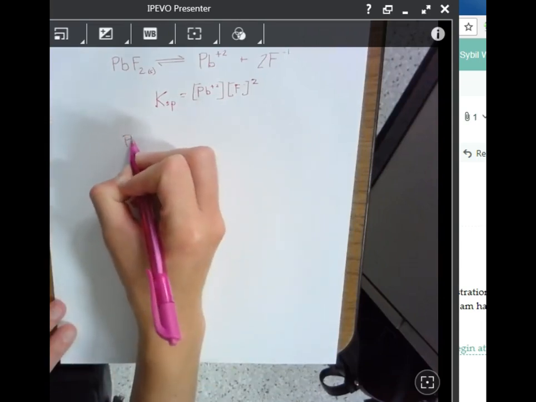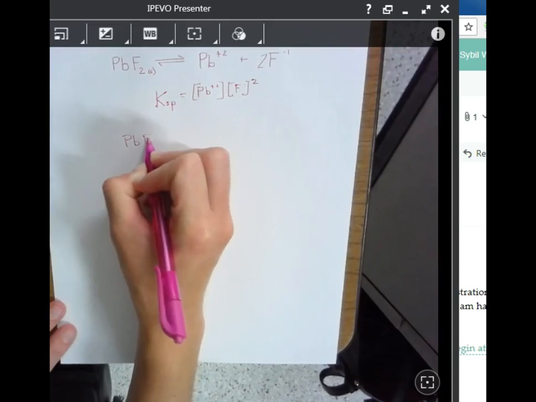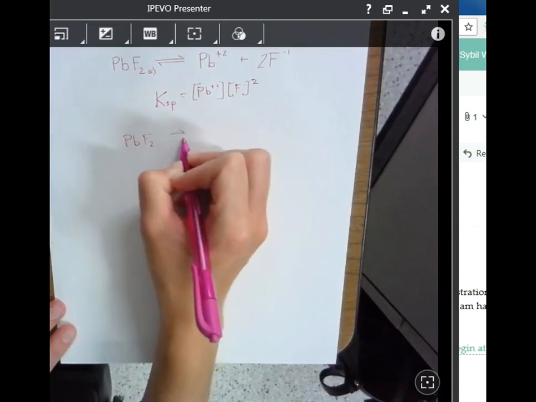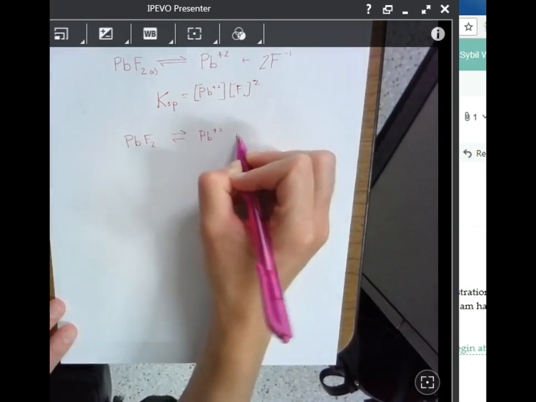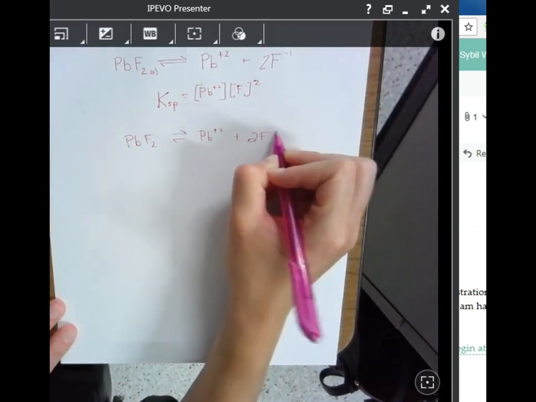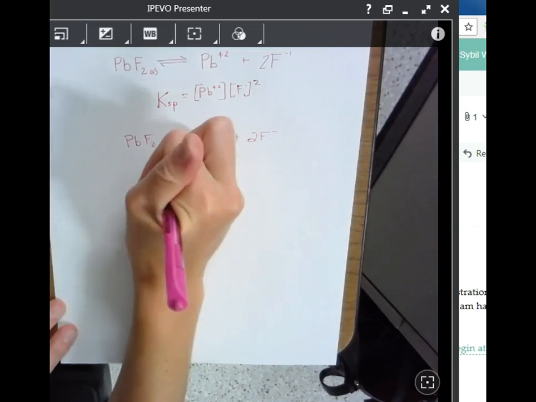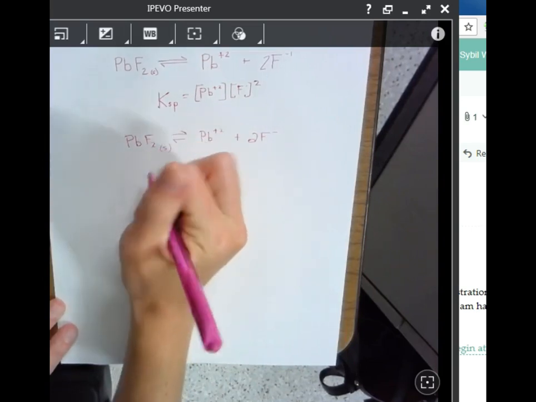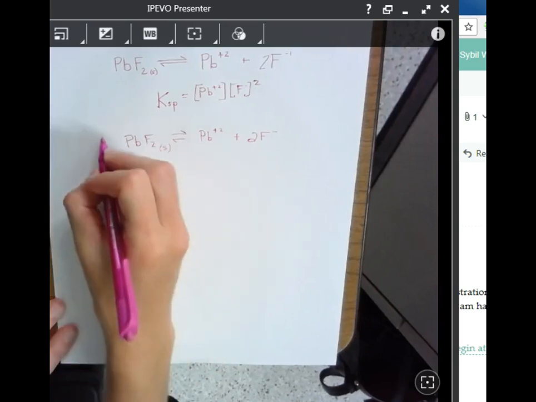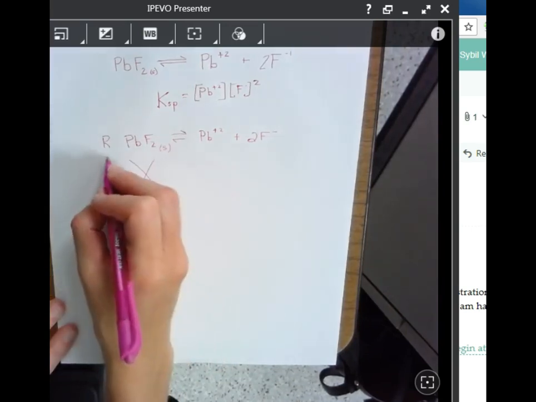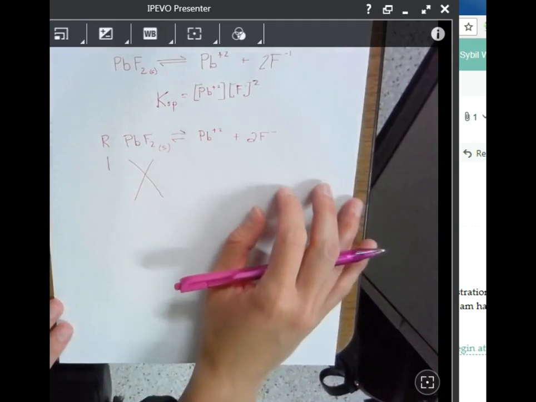Right, so this is still an equilibrium problem. If we think back to our equilibrium chapter, we're going to use an ICE table. All right, when we do that ICE table, remember that this is a solid, so it's not involved in the equilibrium. Okay, so we have our reaction, then we have our initial concentrations.